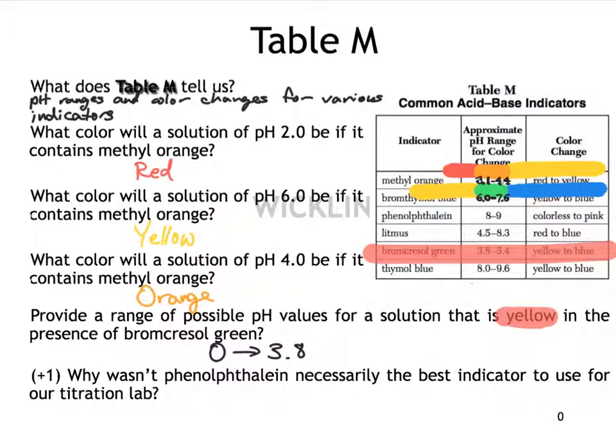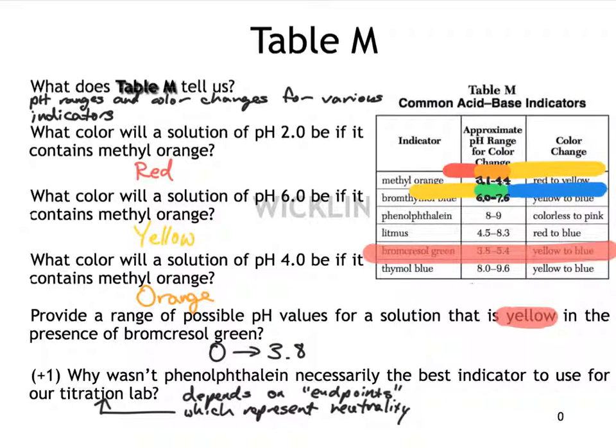So you may or may not have gotten to our titration lab, but if you haven't, when you do, you'll know that we use phenolphthalein as our indicator to indicate neutrality, on which titration depends. But after we use Table M, we can see that phenolphthalein doesn't actually change color until it gets to pH 8, which is a good ways away from neutral, which is 7.